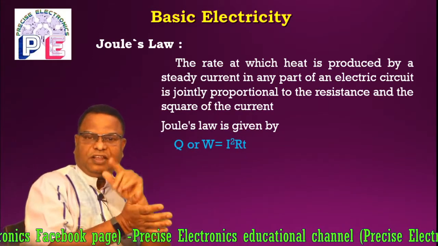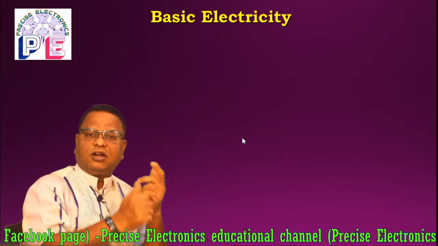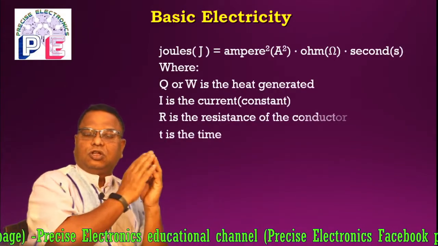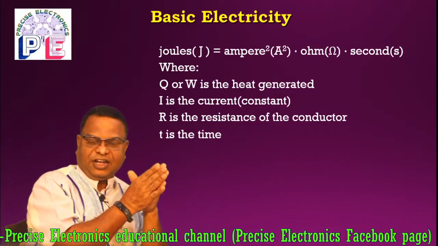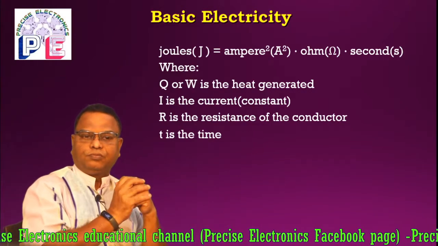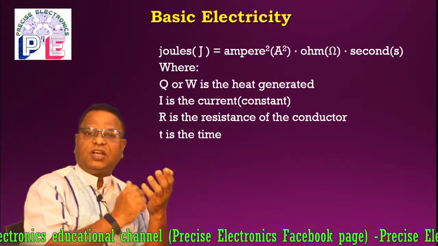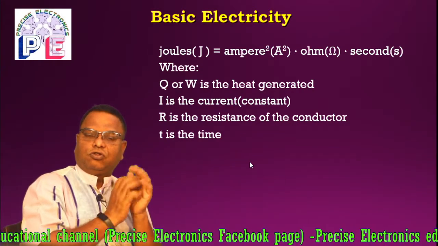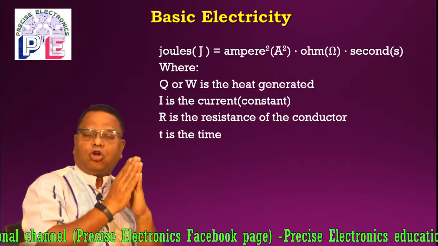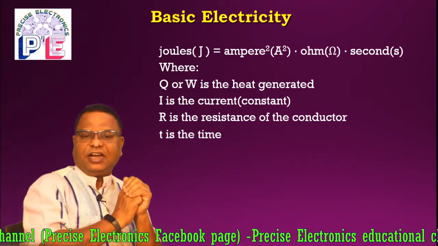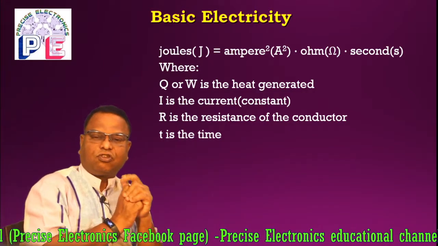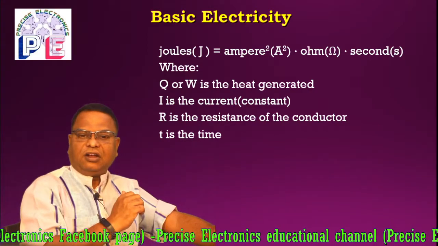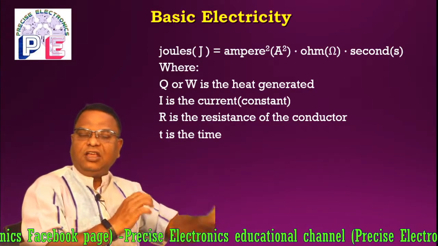Q is in joules, I is in amperes, so it is A square, R is in ohms, and T, that is time, is measured in seconds. Therefore Q or W, the heat generated, is equal to I square RT, where I is the current, R is the resistance, and T is the time.